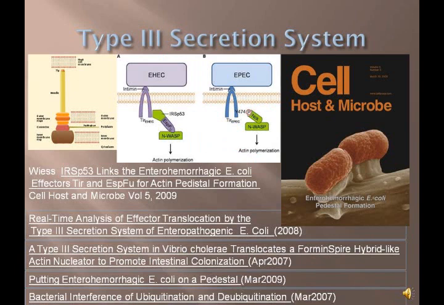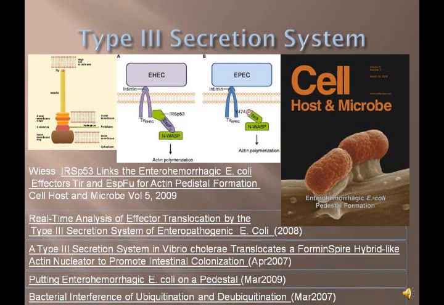Finally, the type 3 system is the one that I think is so important for wound care doctors to understand. On the right-hand side, you see E. coli attached to a gut epithelial cell. And what that shows is that E. coli, through a type 3 secretion system, can insert molecules that basically take over ubiquitin pathways that cause this polymerization of the cytoskeleton inside the epithelial cells.